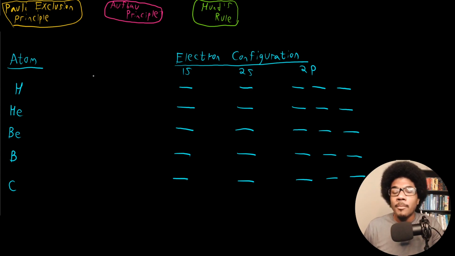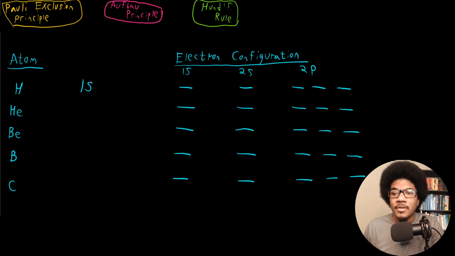Now, when you think about these atoms, they're going to want to be in the lowest energy electron configuration possible. So for hydrogen, we just have to place that 1 electron in the lowest energy orbital that we can. Based on our conversation about these quantum numbers, the lowest energy orbital is going to be the 1s. So we're going to place that electron in the 1s.